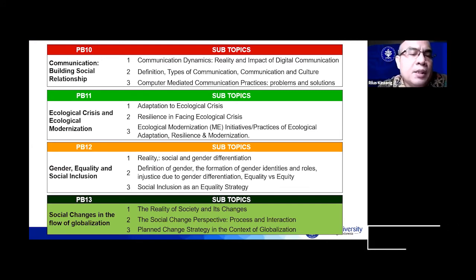PB11, we're gonna talk about ecological crisis and ecological modernization, which consists of adaptation to ecological crisis. We know that nowadays we face actually a huge problem in terms of ecological crisis, including what just happened in Kalimantan, for example, a flood, yeah, in South Kalimantan, and also I think in East Kalimantan.